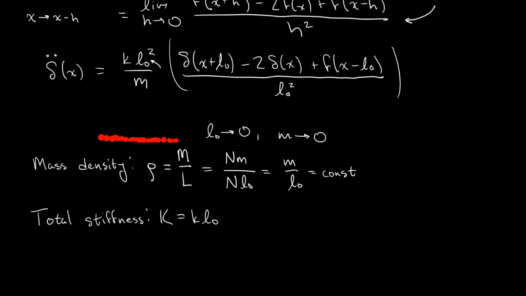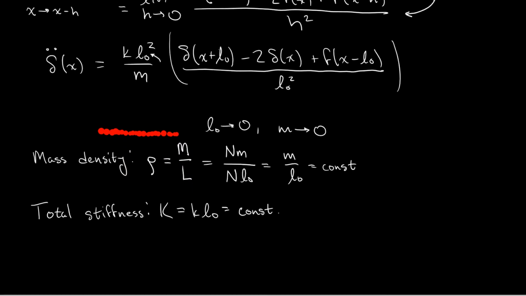So again, this is something that I'm going to fix, keep constant, so that essentially I take little k to infinity as I take L naught to 0, but I do it at the same rate to keep this product fixed. Okay, so I do that, and so then this is quite nice.